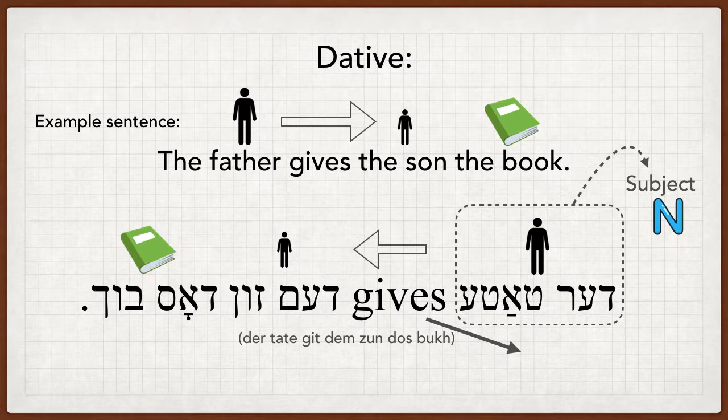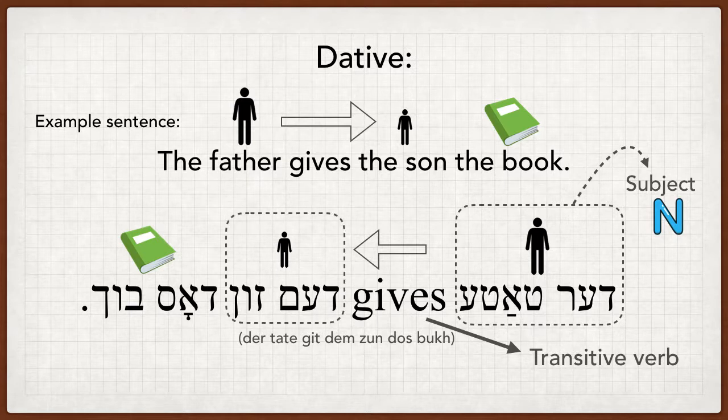To give is a transitive verb because to give something makes perfect sense, so we will have a direct object later on. Dem Sohn is the indirect object, therefore it is going to be in dative because he is the one receiving the book. He's the one the book is given to.